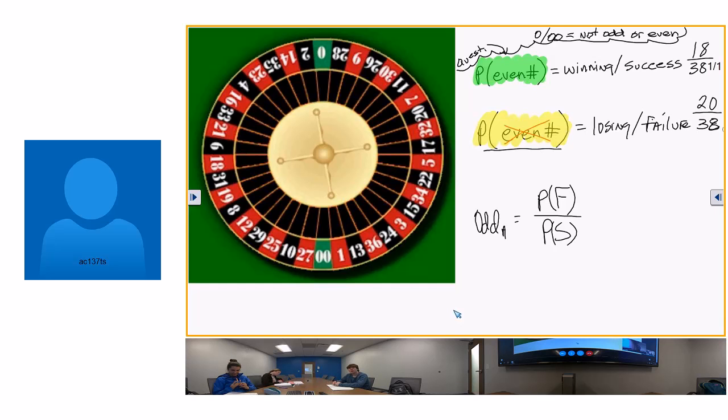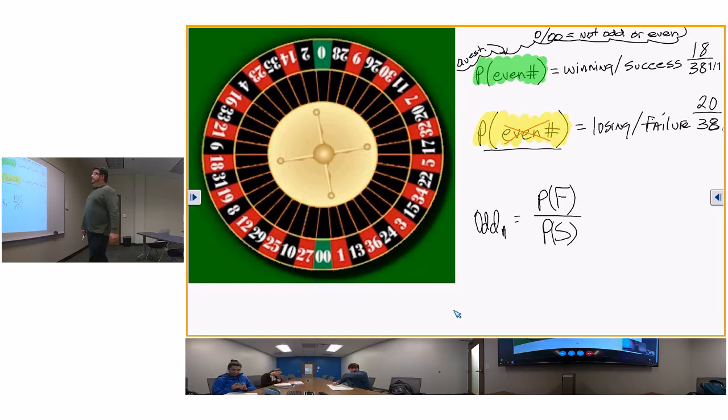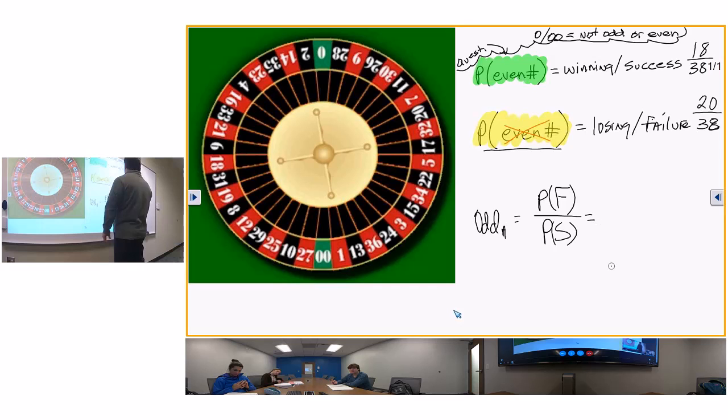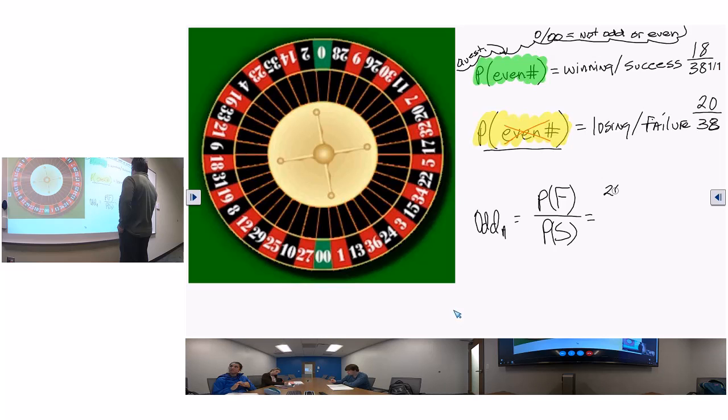Now this is the way this goes. There's no ifs, ands, or buts. All right? So what is the probability of an even number? 18 over 38. Well, what is the odds against? The odds against would be the probability of failure, 20 over 38, divided by 18 over 38.